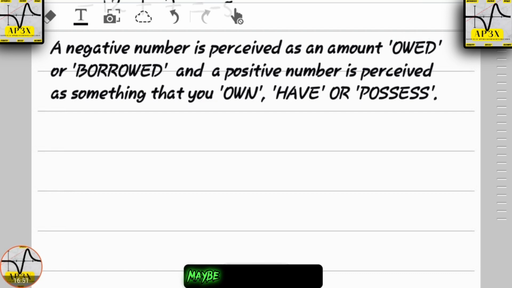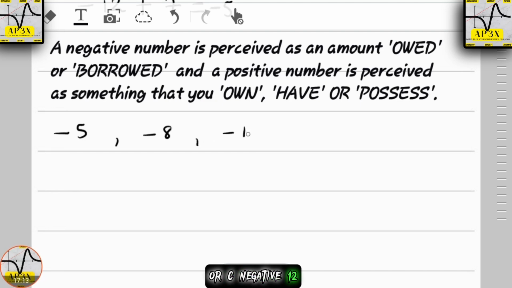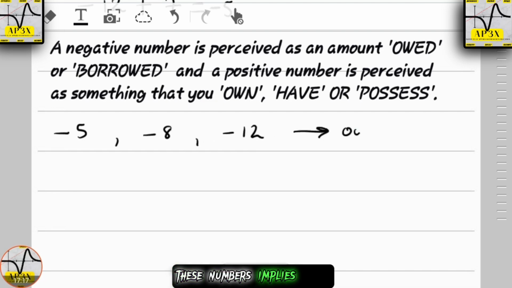So maybe you owe John $5, or you owe Mary $10, or you owe Sandy $50. Once you see a negative number, say -5, or say -8, or say -12, these numbers imply owing.